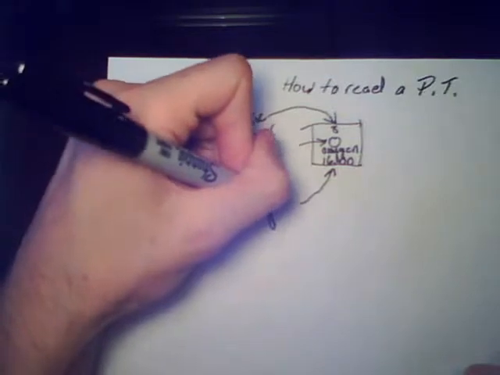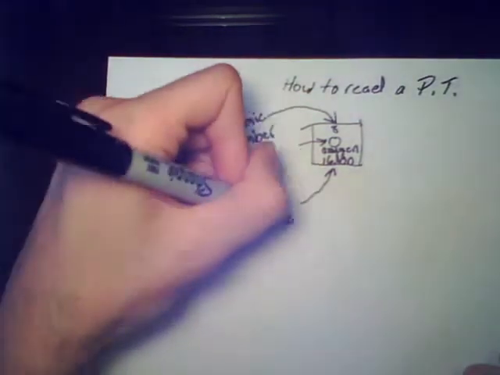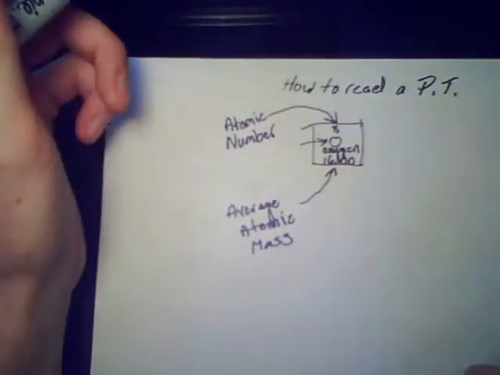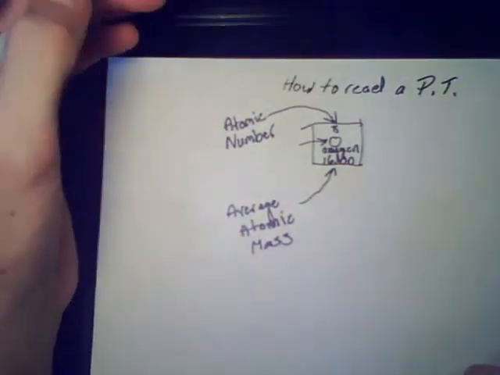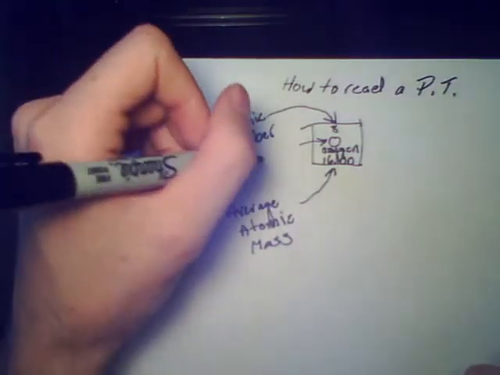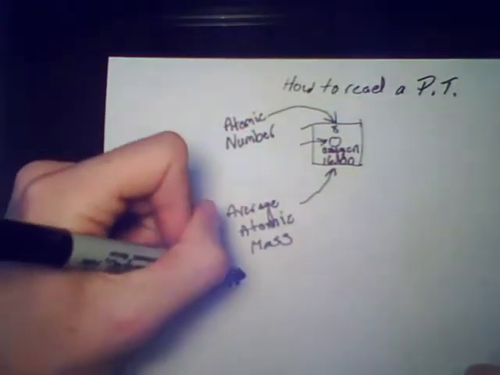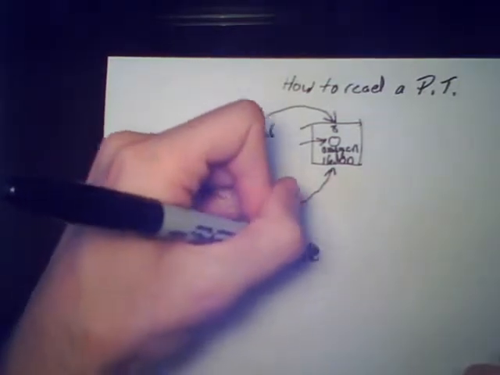Now it's the average atomic mass and not just the atomic mass, because it's a combination of the isotopes. We went over isotopes before, and isotopes are just different numbers of neutrons. So the average atomic mass is a combination of the protons plus the neutrons.